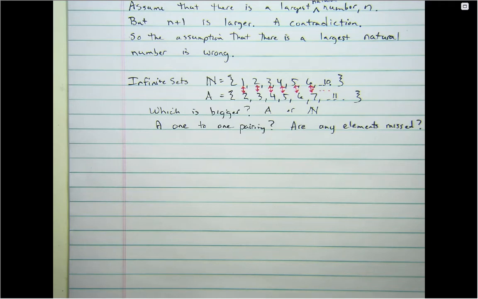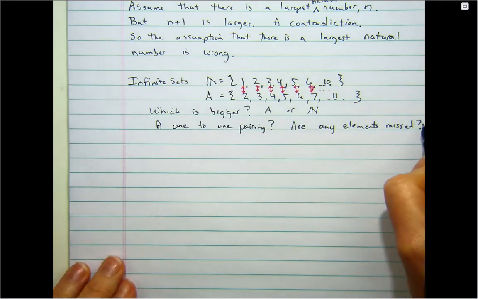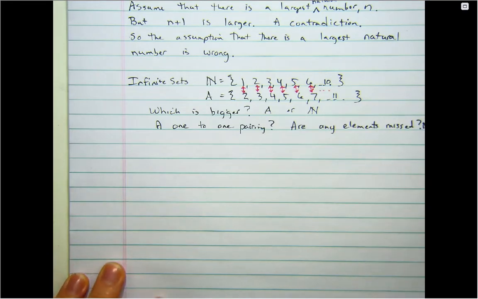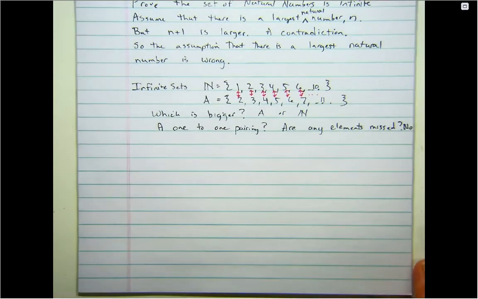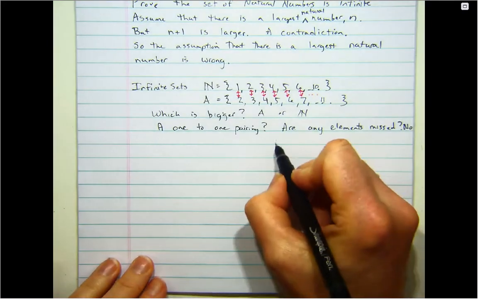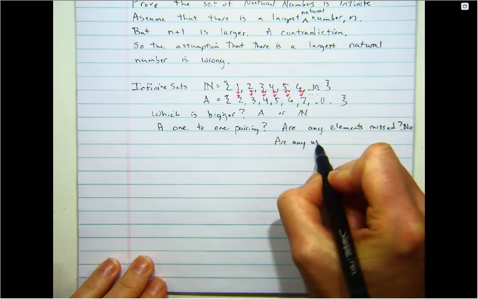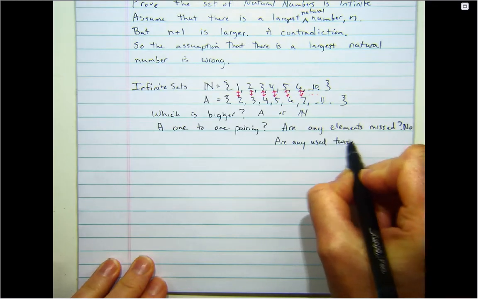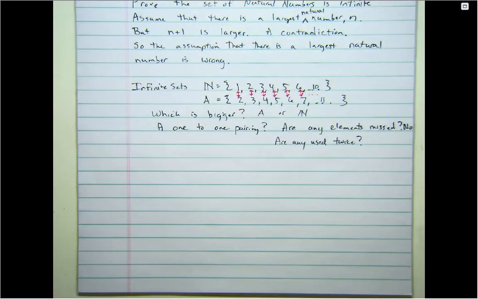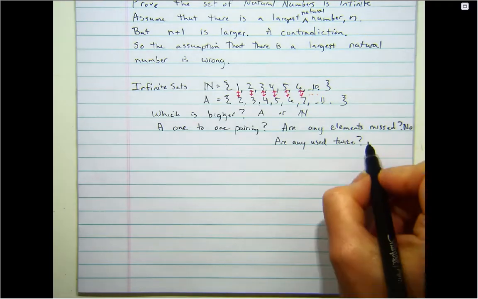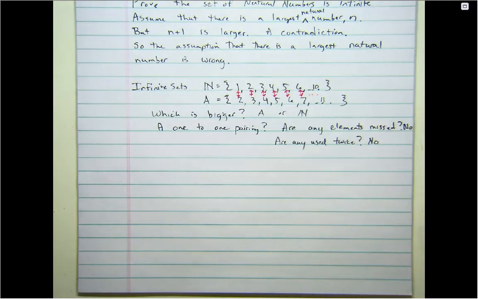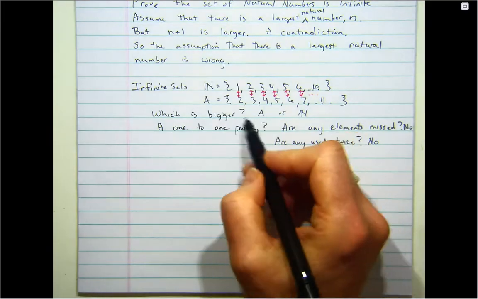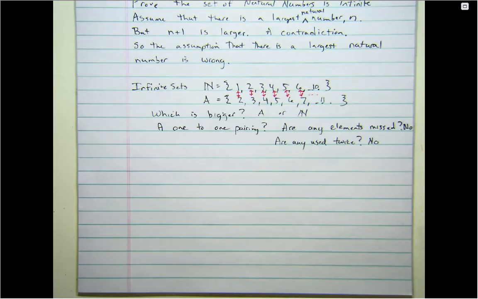Okay, done or missed? None are missed. Are any used twice, or more than once? Did any of the numbers get used to go with more than one number? No. So it turns out that the set A and the set N are the same size.